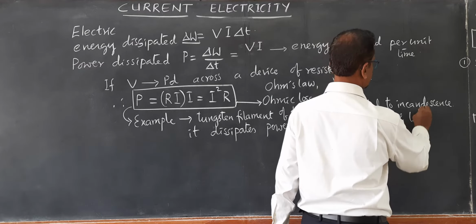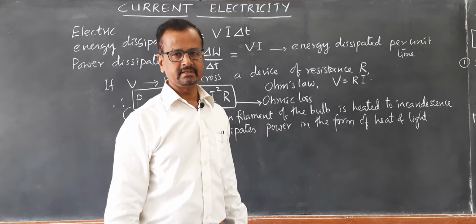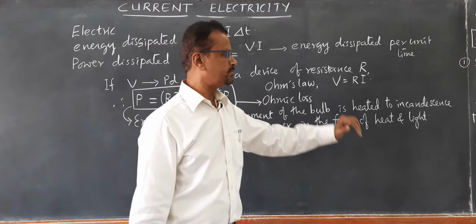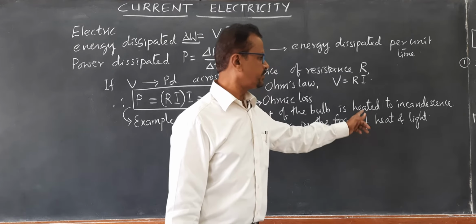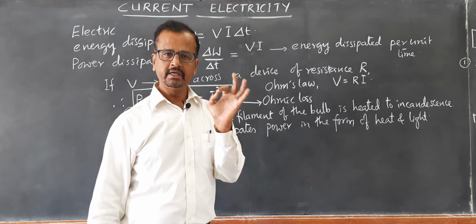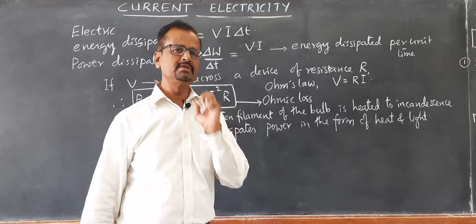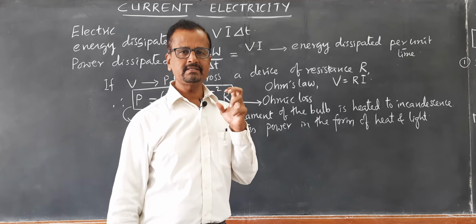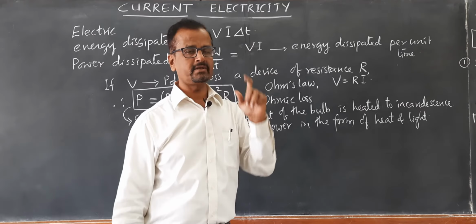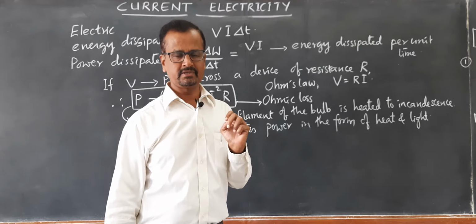If you take a heater or an electric iron, power dissipation is in the form of heat, right? In the case of a filament bulb, power is dissipated in the form of heat and light when the filament is heated to incandescence. That is why that bulb is called an incandescent bulb, whereas tube lights are called fluorescent tubes.